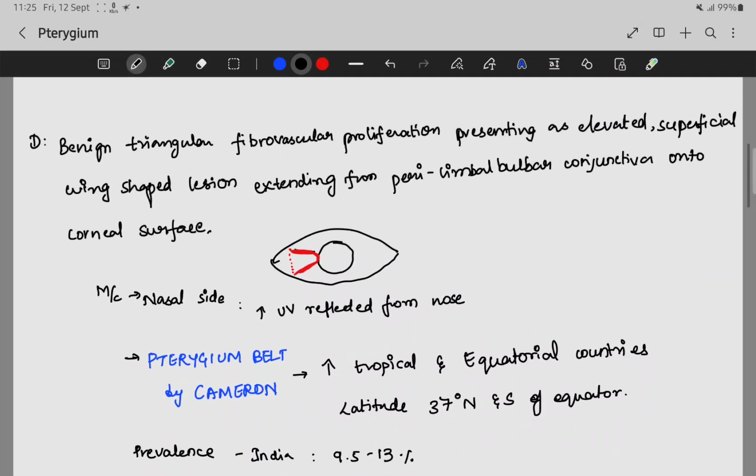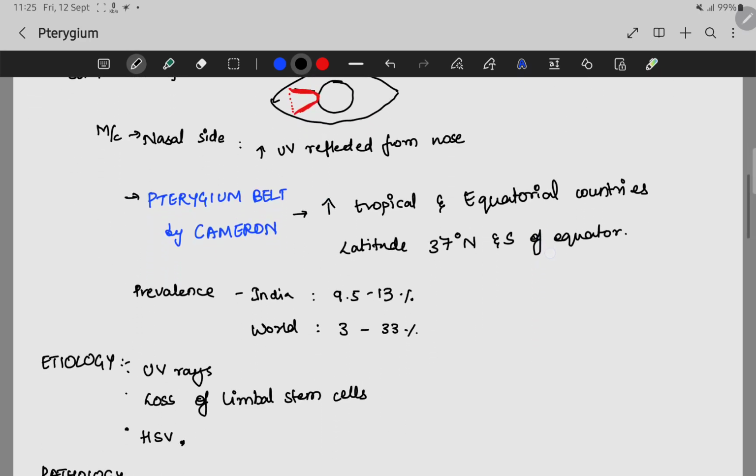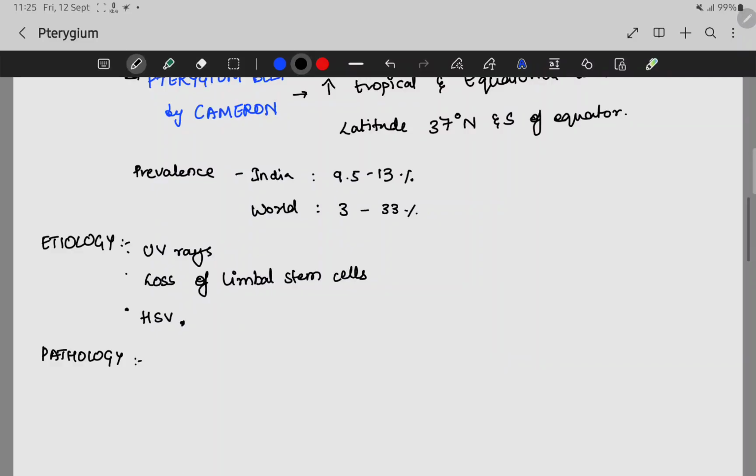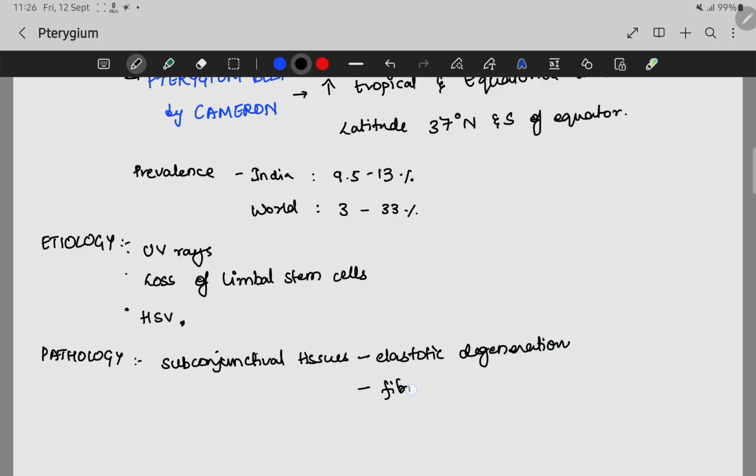It is a fibrovascular proliferation along with degeneration: the subconjunctival tissue undergoes basophilic degeneration and there is fibrovascular proliferation.